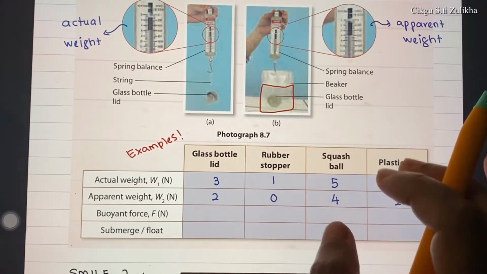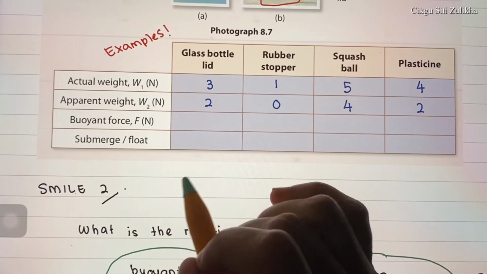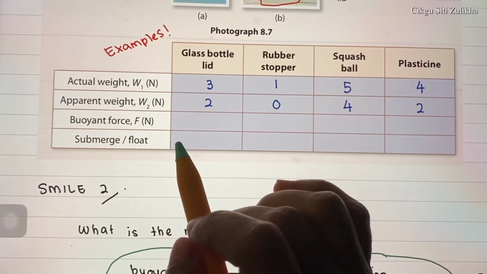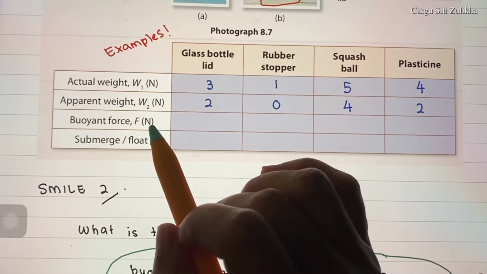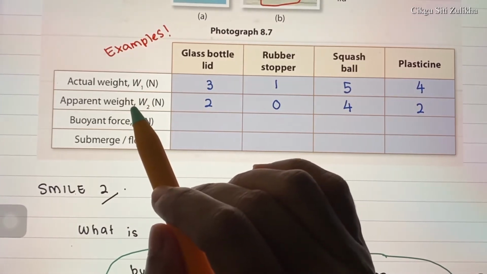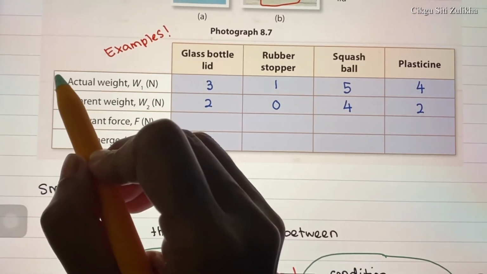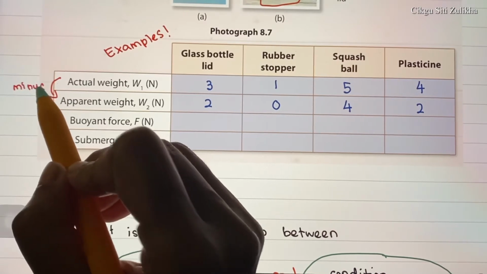So, our job is actually to find apakah kita punya buoyant force, and kita kena discuss whether it is submerged or float. Now, untuk cari buoyant force, kita always remember, actual weight tolak apparent weight. Okay, actual weight minus apparent weight.